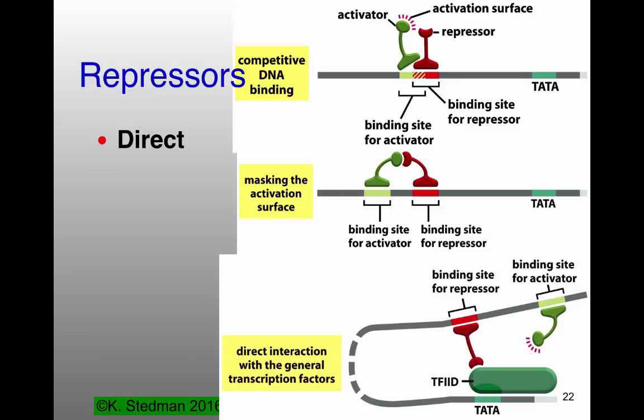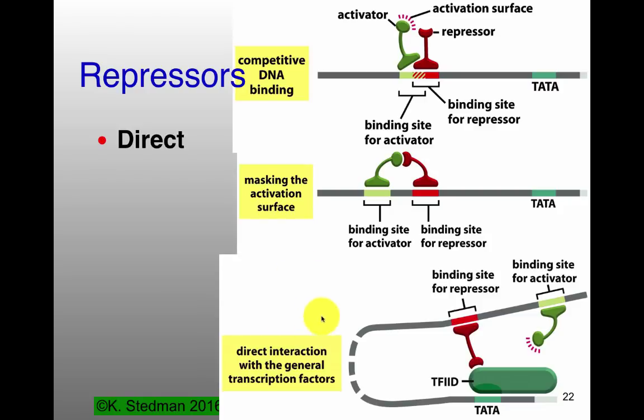You also have the non-co-factors. These are the repressors which are going to act directly. And the repressors in this case, and this is the eukaryotic system, act either very similarly to the repressors in bacterial systems. It's literally binding of one protein that doesn't allow the binding of another protein. And so the repressor blocks the binding of an activator.